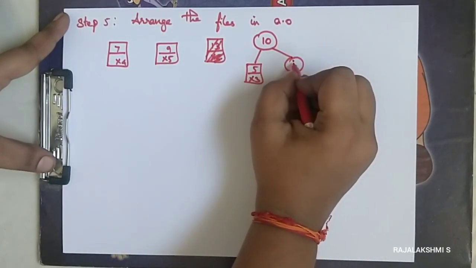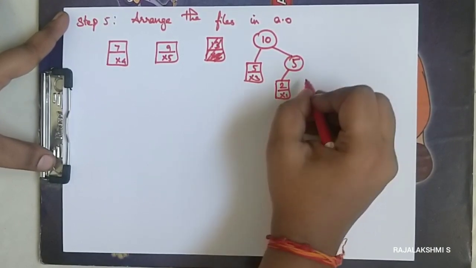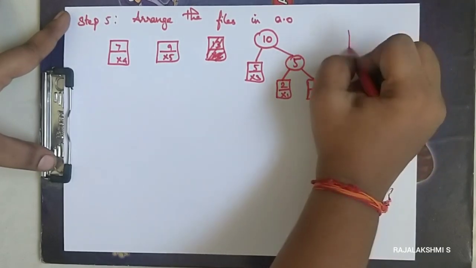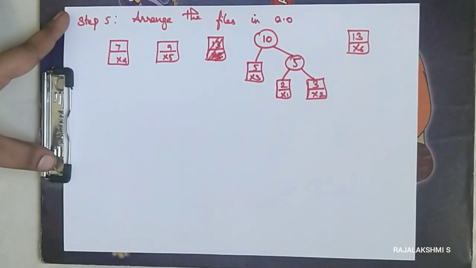So it is 5, 2x1, 3x2, and finally we are having a file x6 with the size 13.